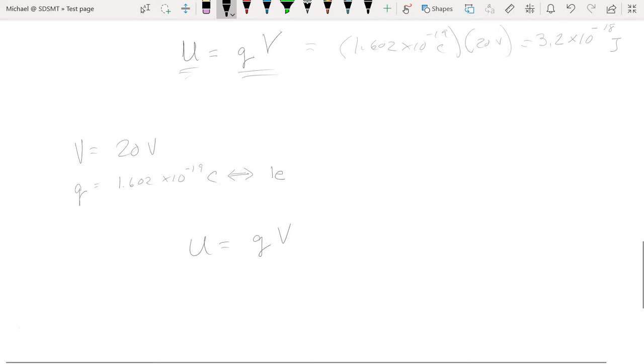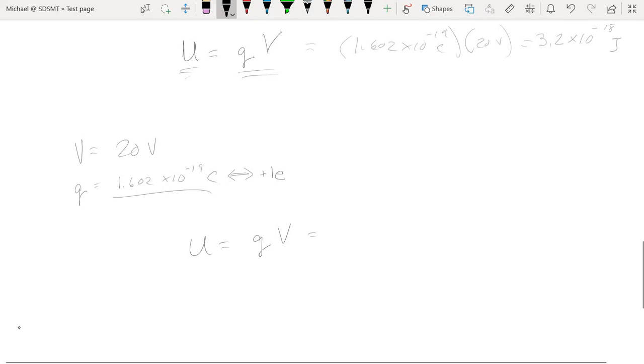And when I say 1e, what do I mean? Well, e is the value of the elementary charge, and that's what the charge of the proton is. It is positive 1e. And it's a lot easier to just write out 1e than it is to write out 1.602 times 10 to the minus 19 anytime we need a proton.